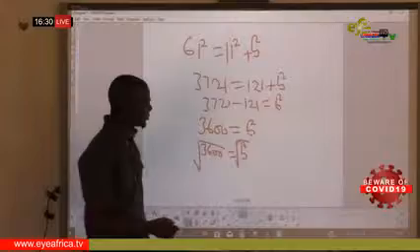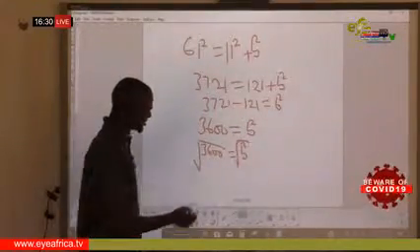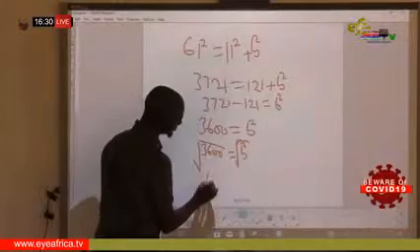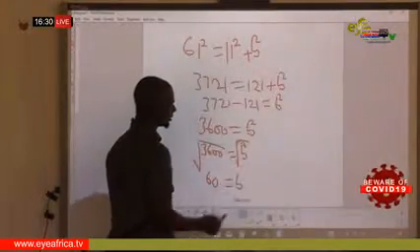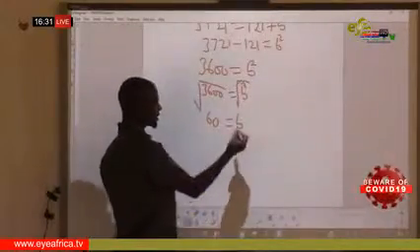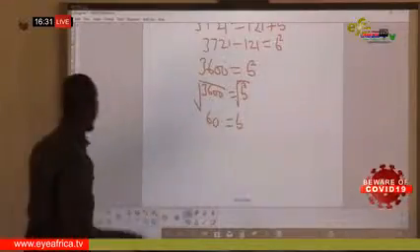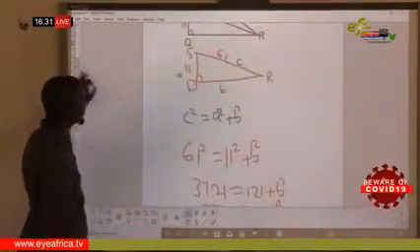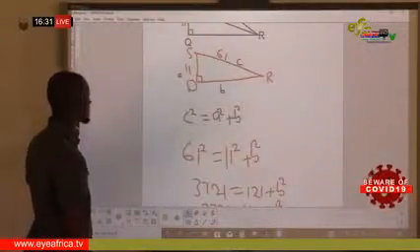So the square root of 3,600 gives you 60, which equals B. So the third side of this right angle triangle is given to you as 60.